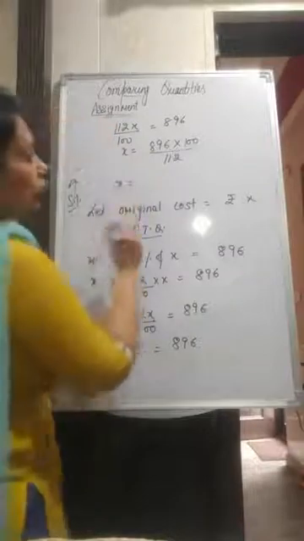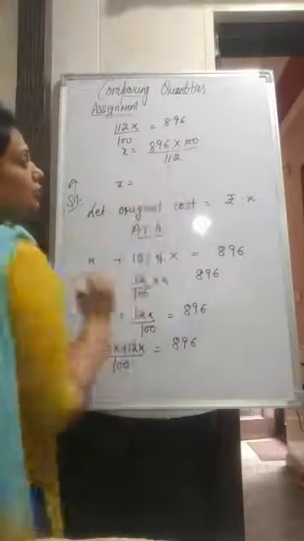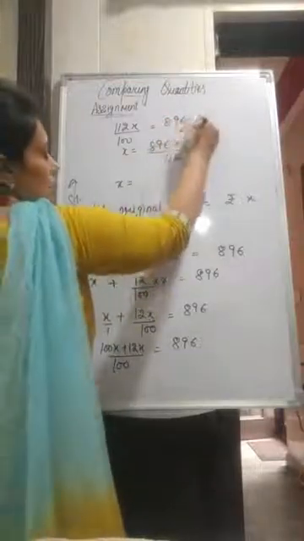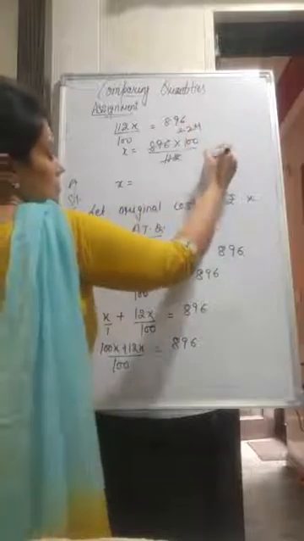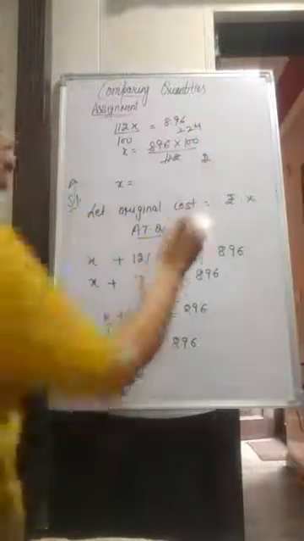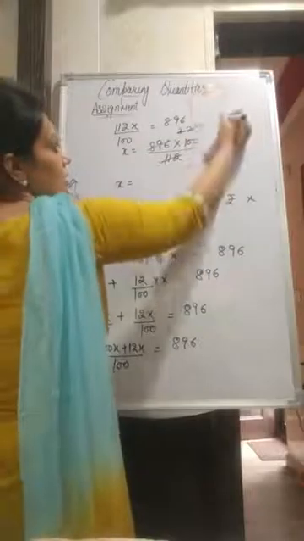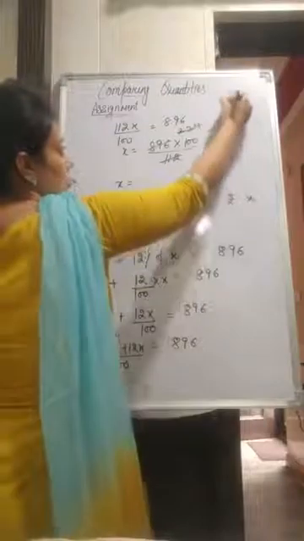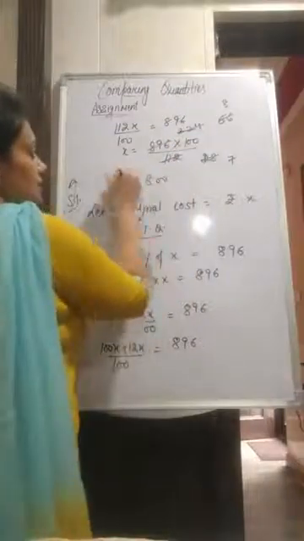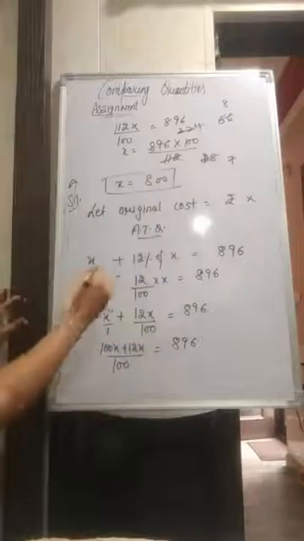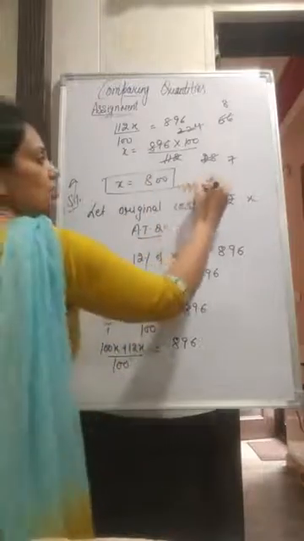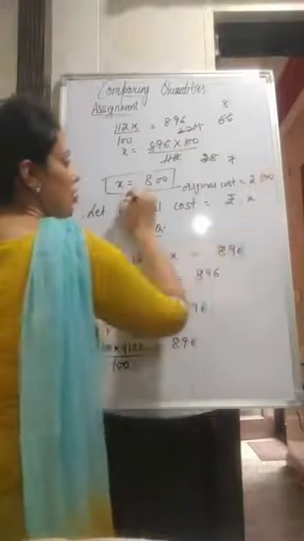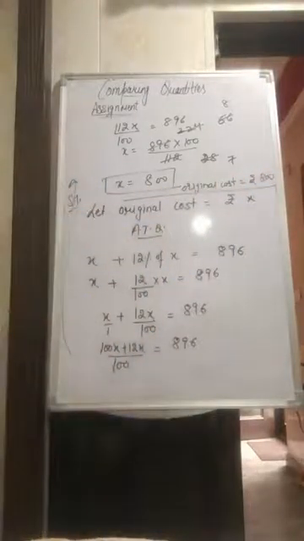And beta, when you solve, you will get the value of x as 800. It means the original cost of the flower vase was rupees 800.